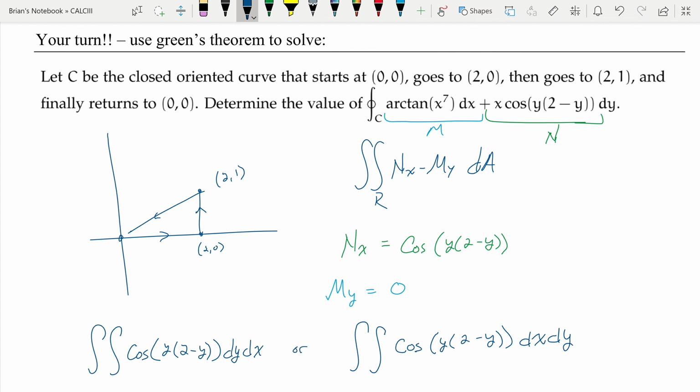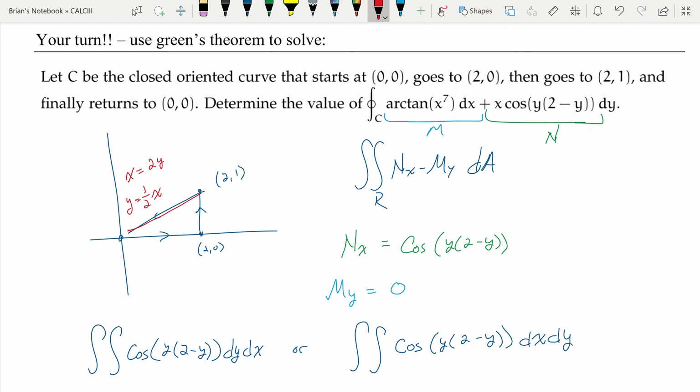So we need to set up these bounds. We've done a lot of practice with setting up the bounds. The one thing we need is this line right here, that red line. So if we look at it, it's basically rising with 1, and the run is 2. So rise over run is 1/2. So y is equal to 1/2 x, or x is equal to 2y. One of the two is that line right there.